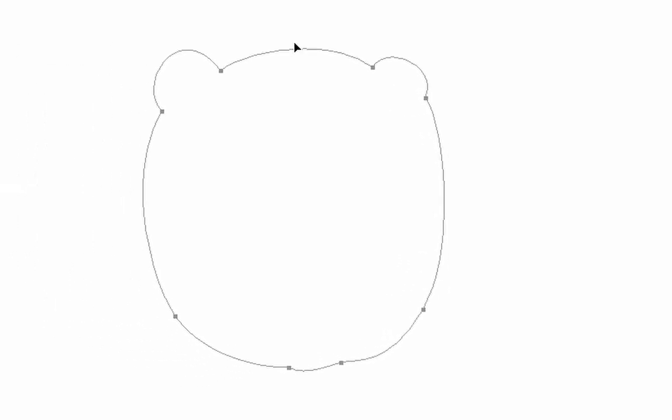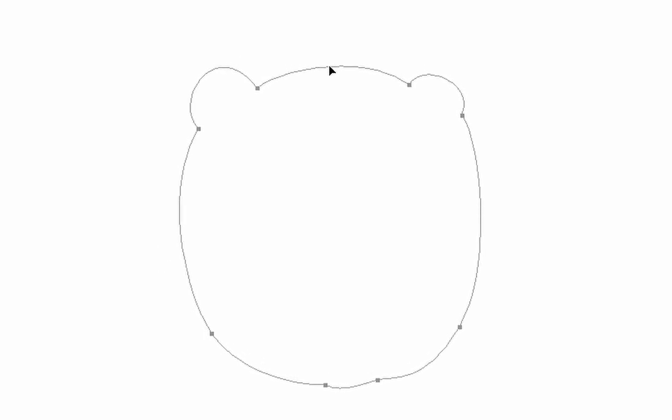If you want to refine it, you can select all and let's move it in the middle. Then get the direct selection tool and select, and you can edit point by point.